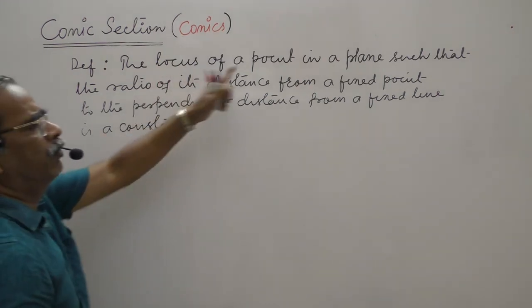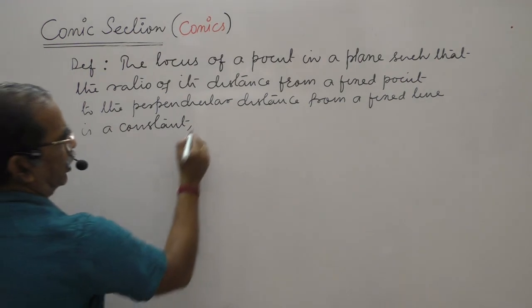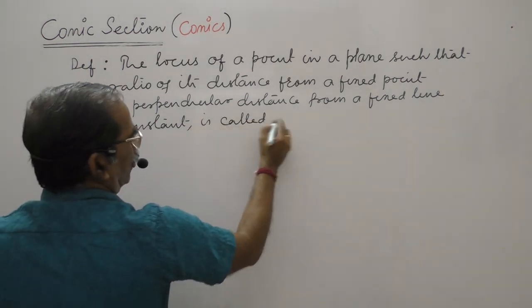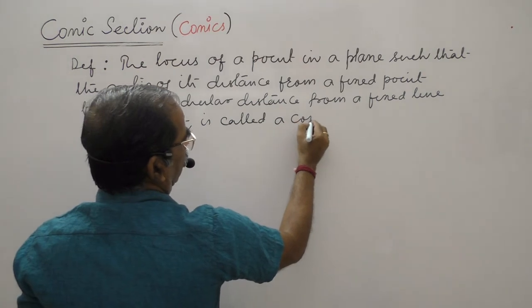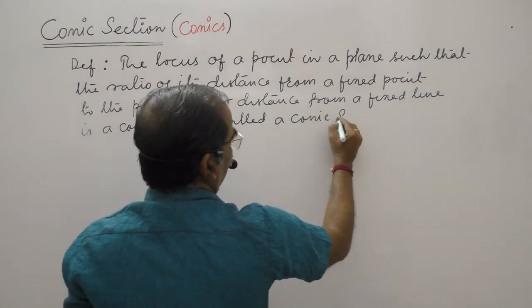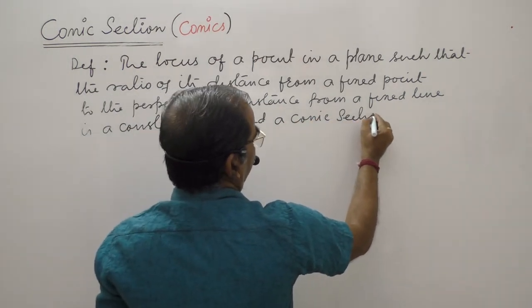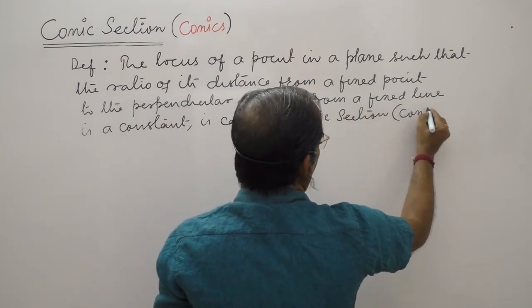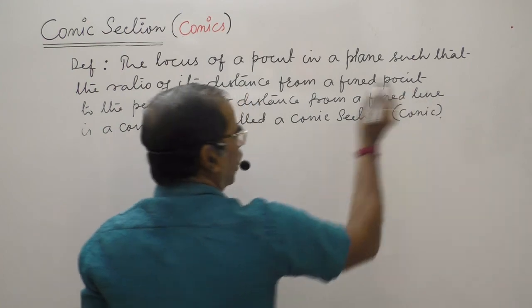The locus of a point satisfying this condition is called a conic section, or simply a conic. Yes, this is the definition.